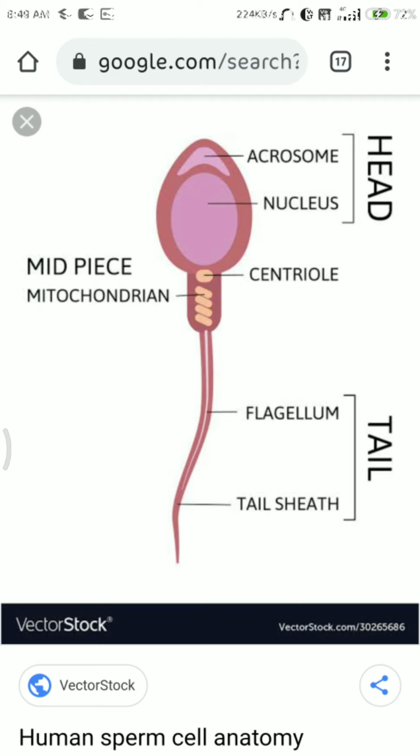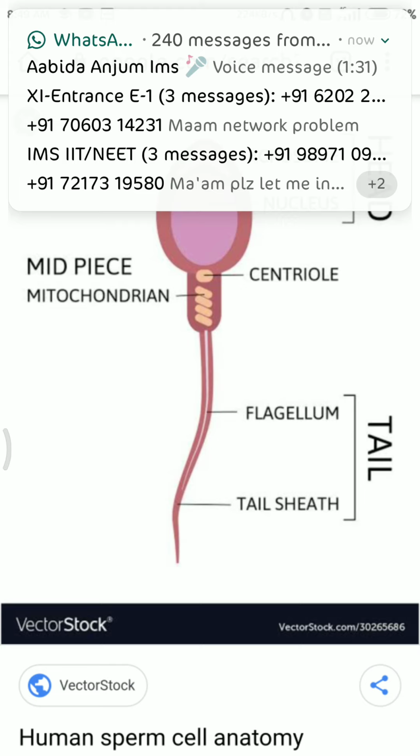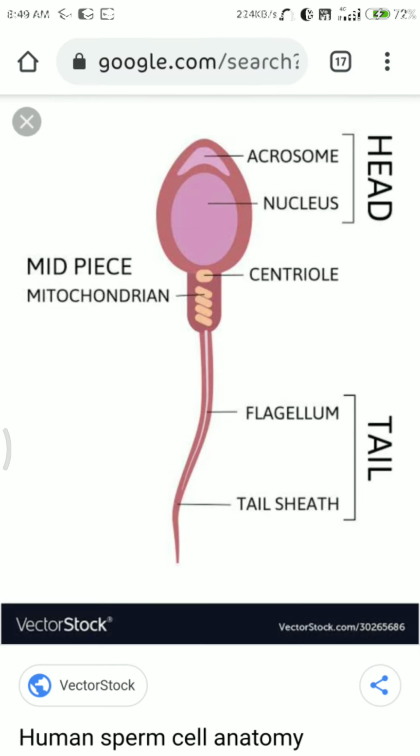Just below the purple structure, on page number 44 in the sperm structure, just below the nucleus, a small yellow structure is there. Is it visible?